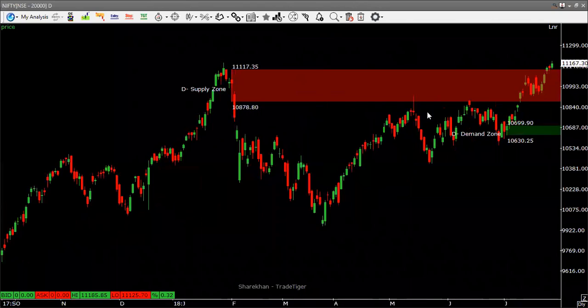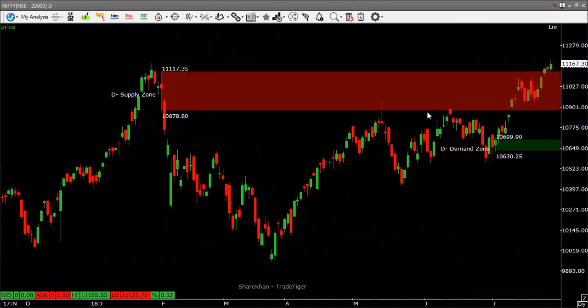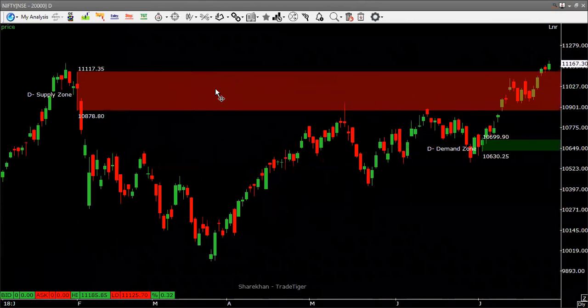So let us now continue on our discussion where we left last week on the Nifty, the overall broader market, as to what we can expect from it. As you can see, now we are making almost new historic highs, right?